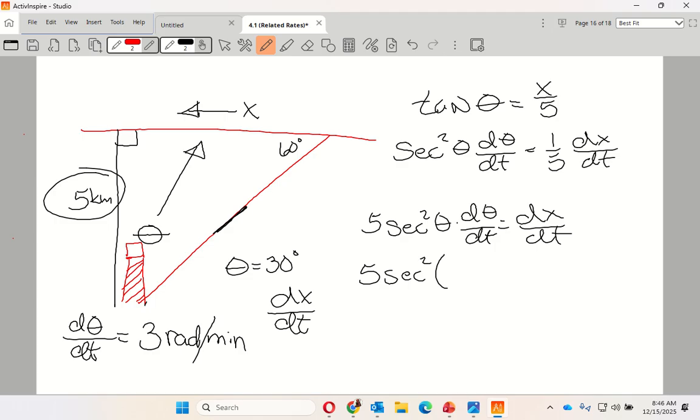What's my theta going to be now? Pi over 6. What is 30 degrees? Pi over 6? Yeah. Okay.